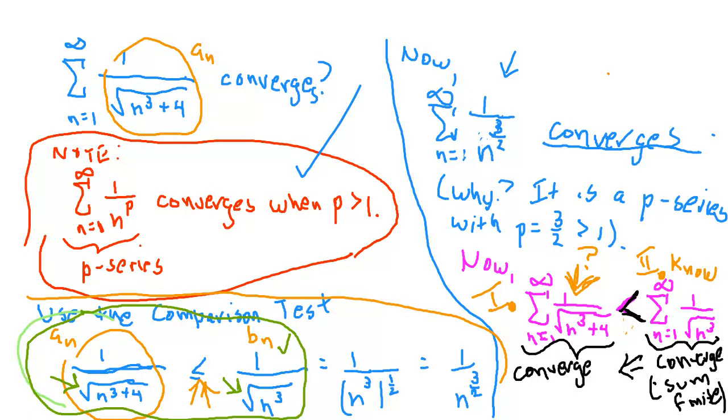The series that we care about converges also. Its sum will also be finite. It'll be smaller. Has to be. And that's one way to use the comparison test. Okay, so our series converges. Yes, it does.